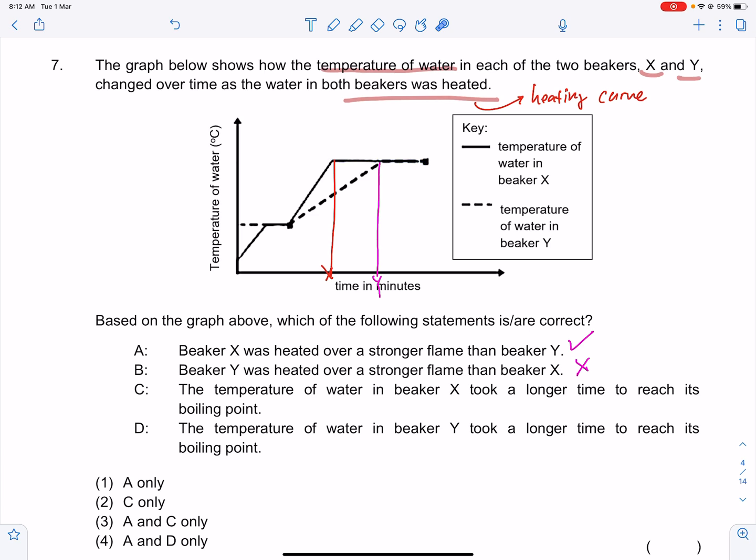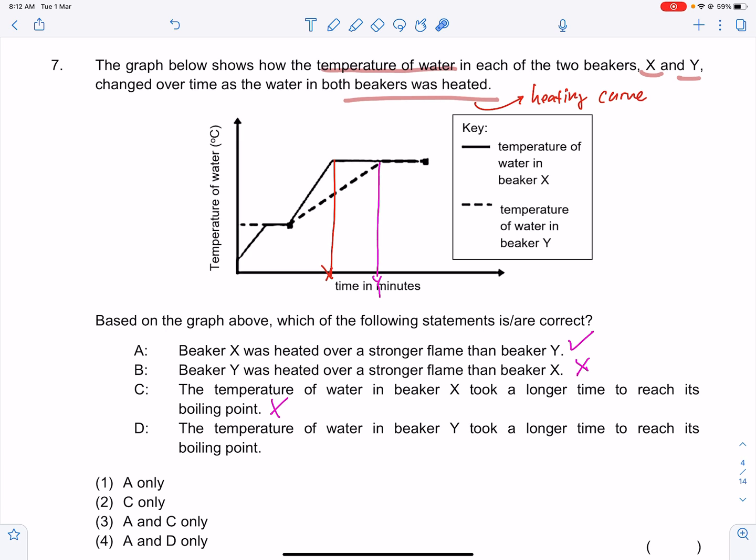Well, from this, I can see that this part over here remains constant. So this tells me that there is a change in state, probably boiling. Because during boiling point, temperature remains constant until all the liquid has completely boiled off. Okay? So this is false.